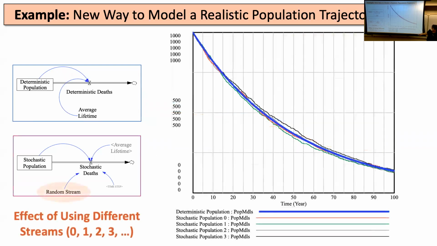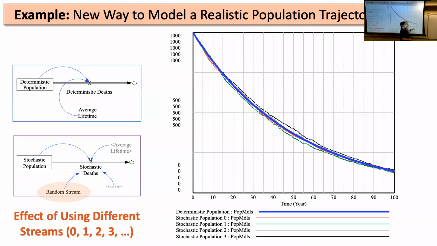And I can take that and say, well, I'm going to generate, see, I put this random stream as a variable coming in here. So I had Vensim simulate this a couple of times using a different random stream for every simulation. So random stream 0 is the red line, random stream 1 is the green line, the purplish line, and the darker purplish line are 2 and 3.